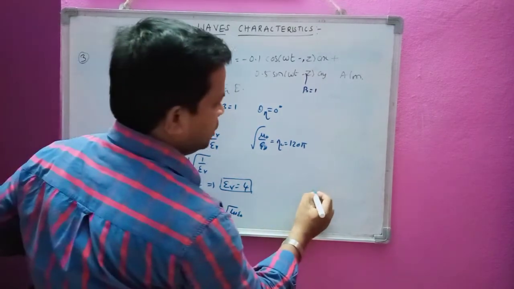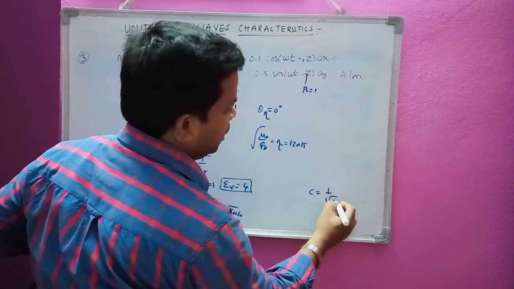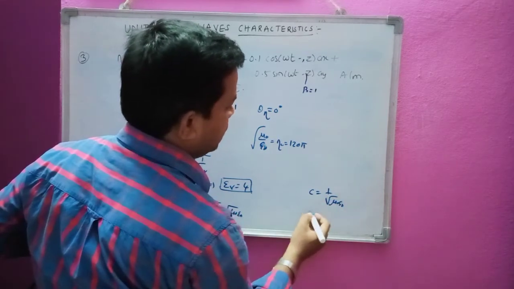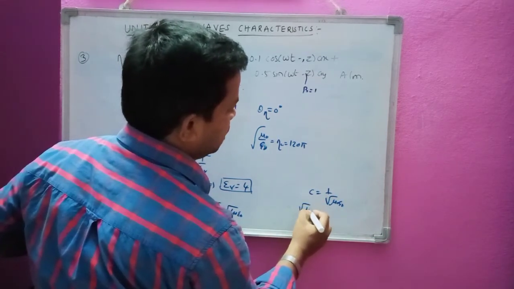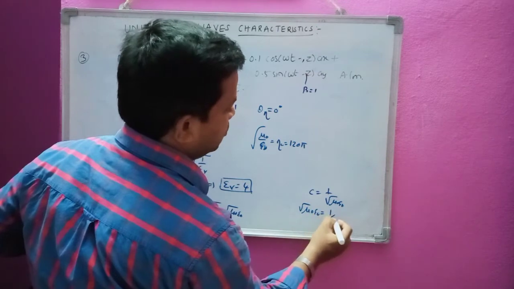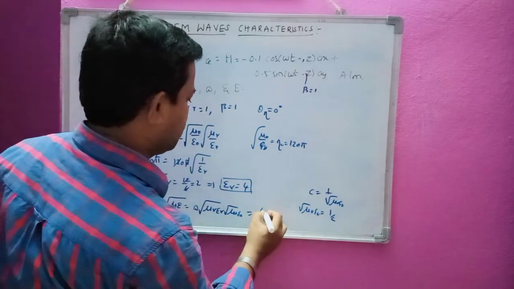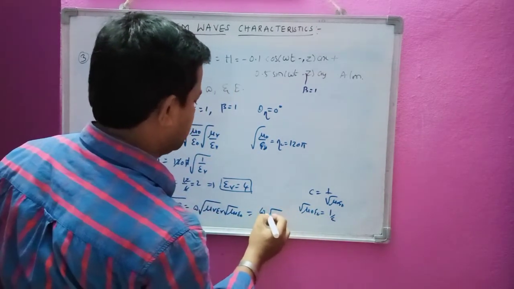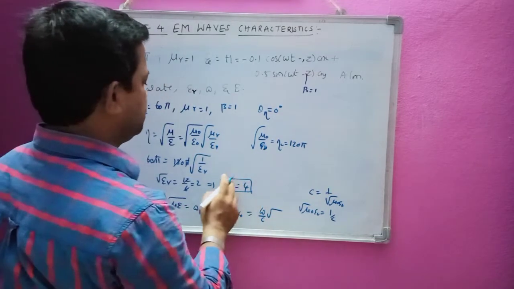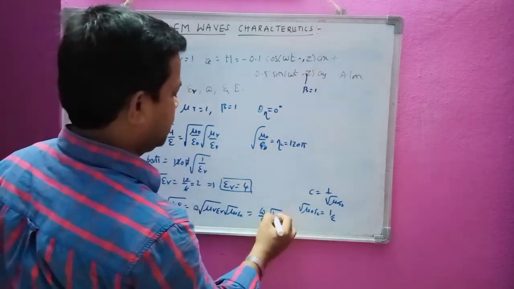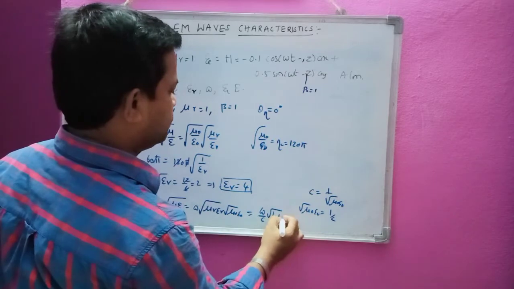We know that c is equal to 1 by square root of mu naught epsilon naught, the velocity of light. So I can write omega by c into square root of mu r epsilon r, where mu r is 1 and epsilon r is equal to 4.